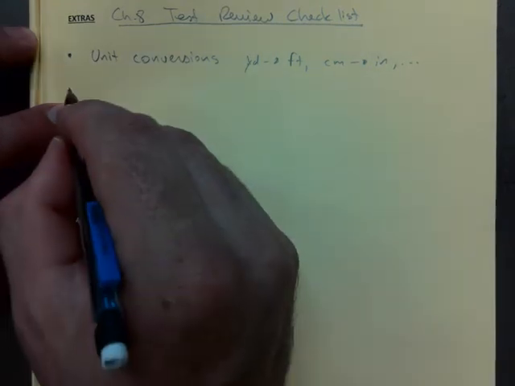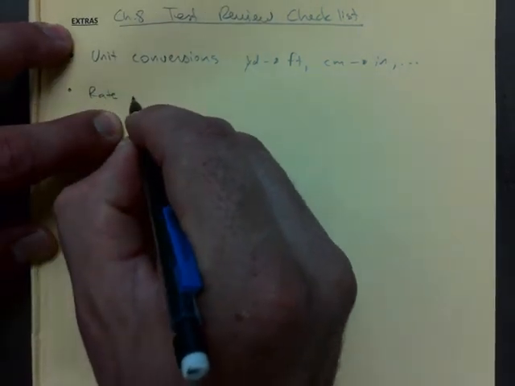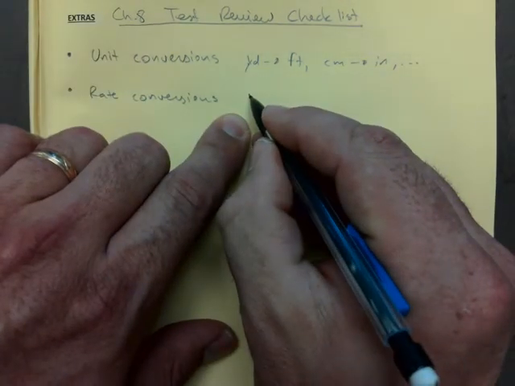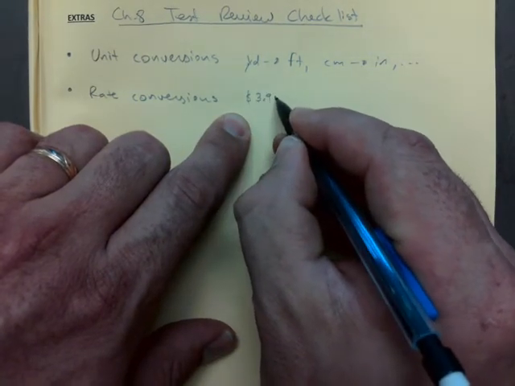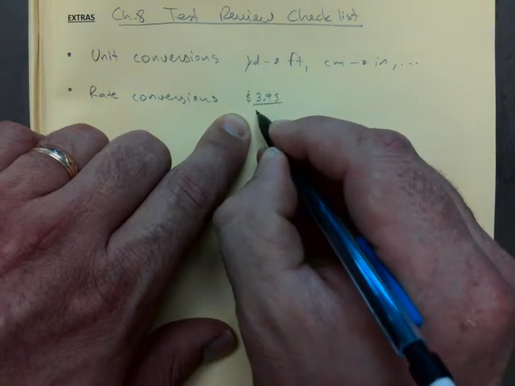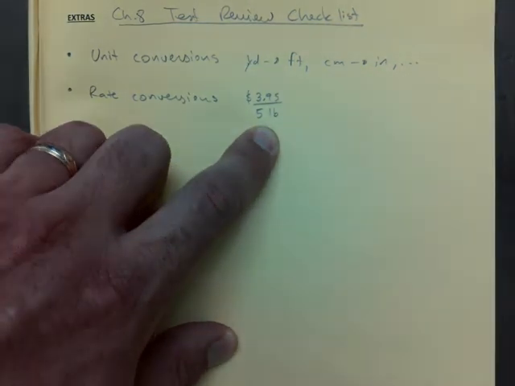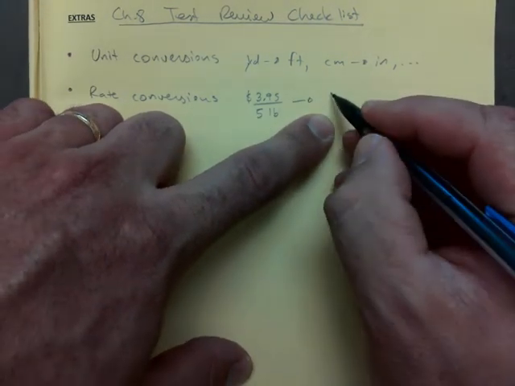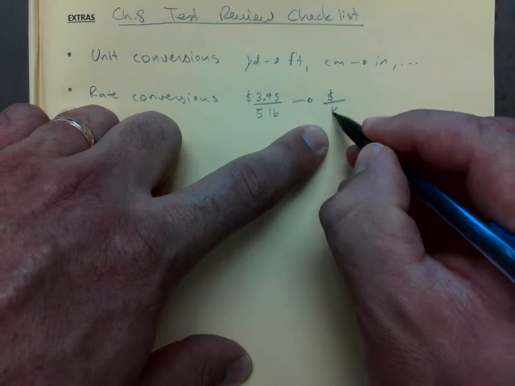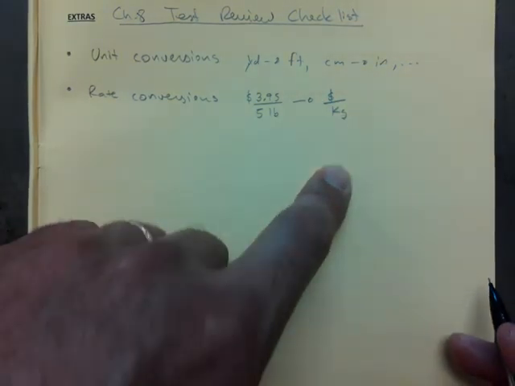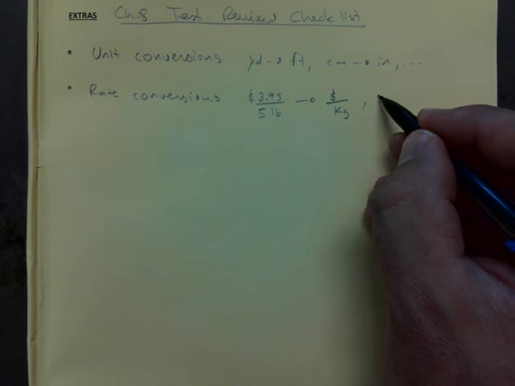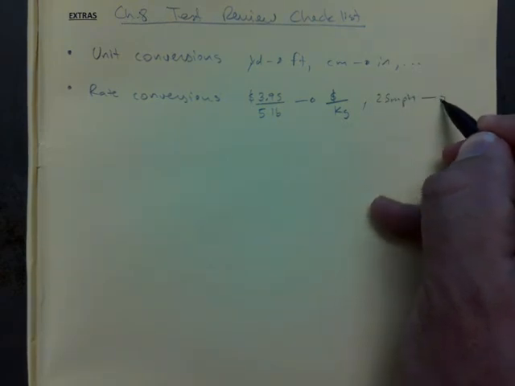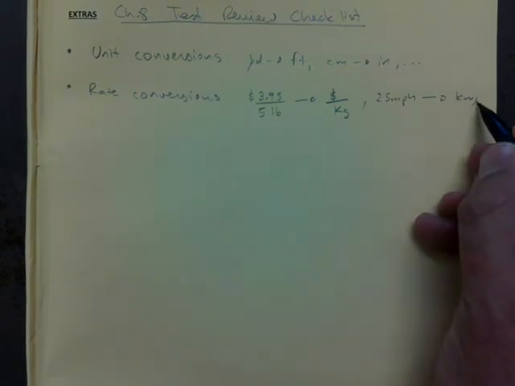We did that, and then we did rate conversions, right? And so if it's $3.95 for 5 pounds, right? We would like to convert that to dollars per kilogram, let's say, right? And then you would have to do some converting there. Or you have 25 miles per hour, you want to convert that to kilometers per hour, right?